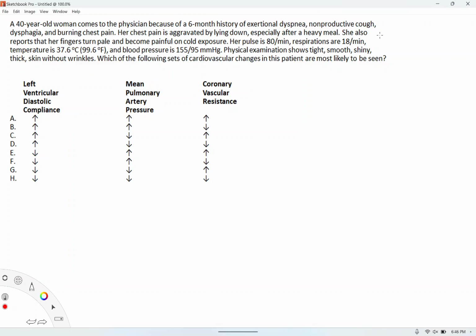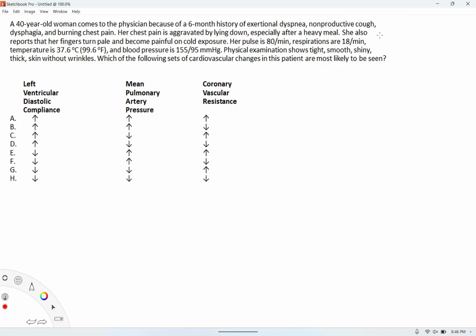Her pulse is 80 per minute, respirations are 18 per minute, temperature is 37.6, and blood pressure is 155 over 95 millimeters of mercury. Physical examination shows tight, smooth, shiny, thick skin without wrinkles. Which of the following sets of cardiovascular changes in this patient are most likely to be seen?